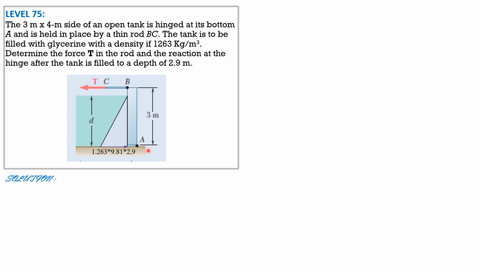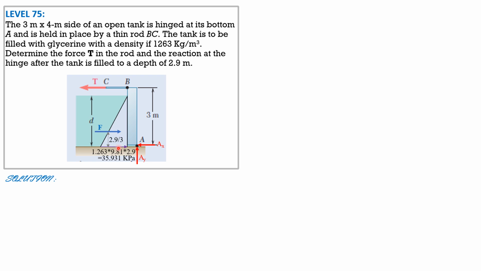So that's the pressure in kilopascals, 35.931 kilopascals. And the equivalent force is the volume of this pressure diagram. Remember, this is 3 meters, so perpendicular to the screen or the paper, 4 meters. So that's F. Then its distance from the bottom is 1/3 of 2.9, 2.9 over 3. And these are the reactions AX, AY at A.